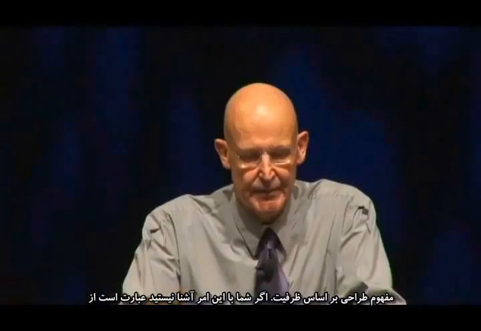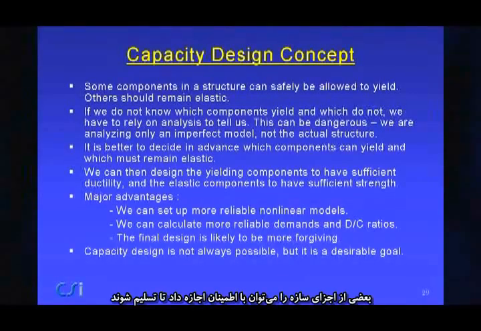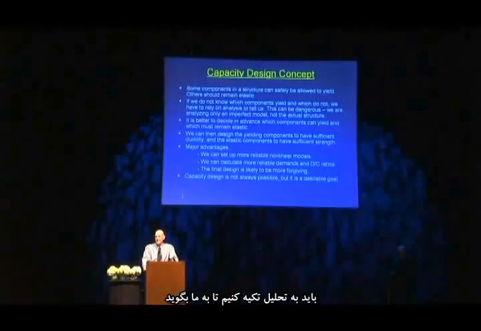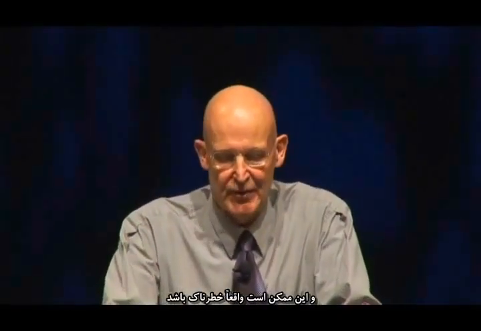Capacity design. The concept of capacity design, if you're not familiar with it, is that some components in the structure can safely be allowed to yield, and others should remain elastic. If we do not know which yield and which do not, we have to rely on the analysis to tell us. And this is really, when I say it can be dangerous, it probably is dangerous.